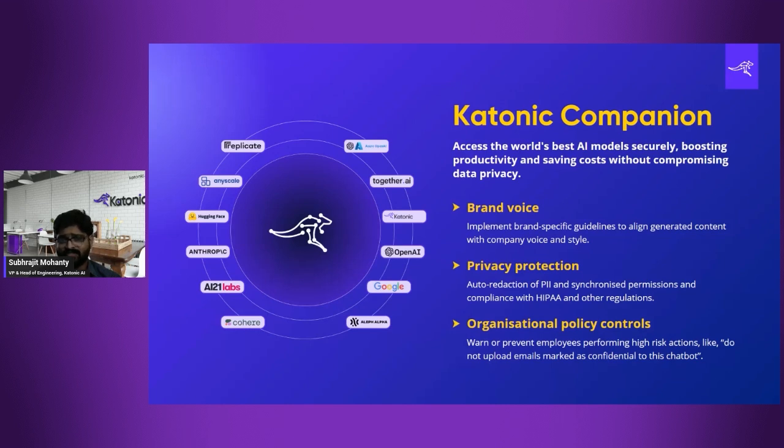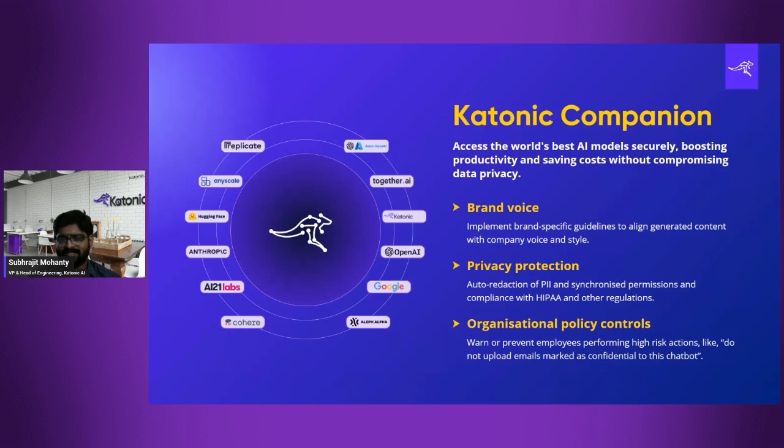Something that makes us stand out is our key features, which include brand voice customization, ensuring AI-generated content aligns with company style. We also ensure privacy protection with auto redaction, PII, and HIPAA compliance, and organization policy controls to prevent high-risk actions.